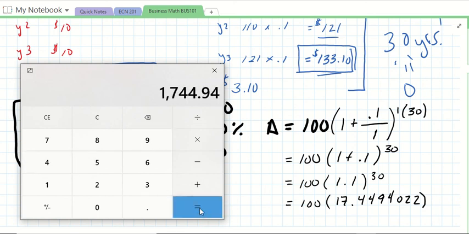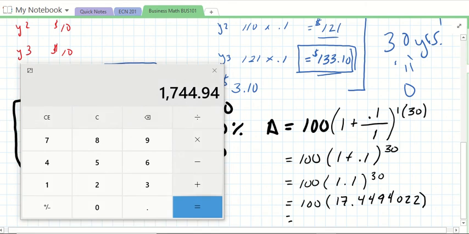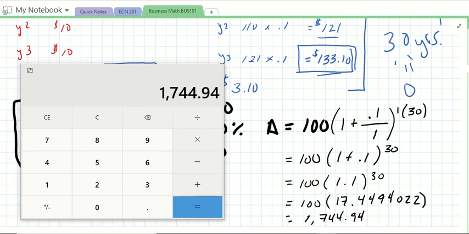We'll just do that. Oh, and that comes up to, in 30 years, I'll have $1,744.94. I know. I don't know why I actually put that in the calculator, but I did. I wasn't thinking. It's pretty simple math, but oh well. All right. So $1,744.94. Okay.